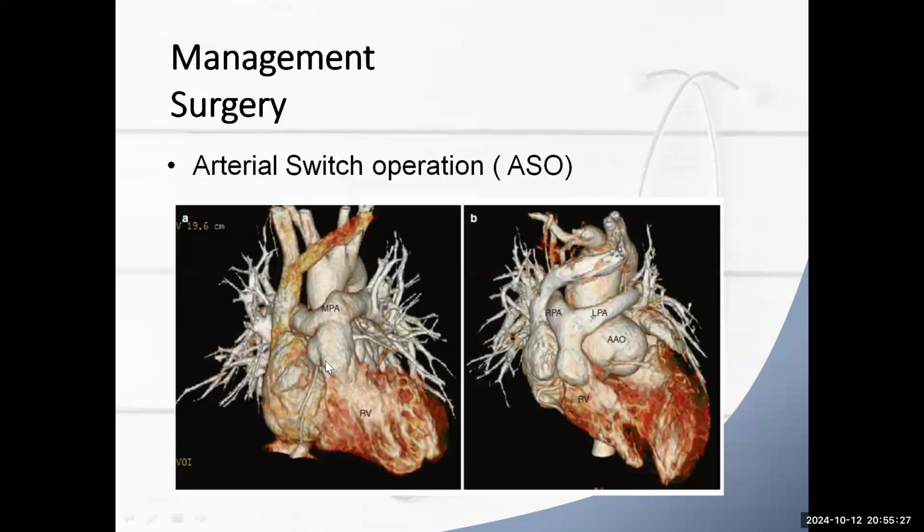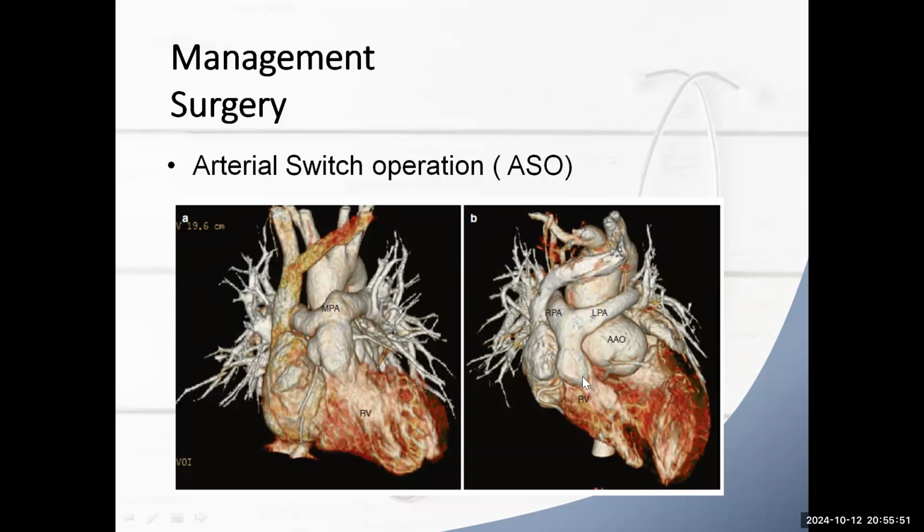This is a cardiac CT, a cardiac multi-slice CT with reconstruction. Reconstruction means cutting away the parts which are extracardiac and making the heart a 3D model. It's called reconstruction in CT techniques.